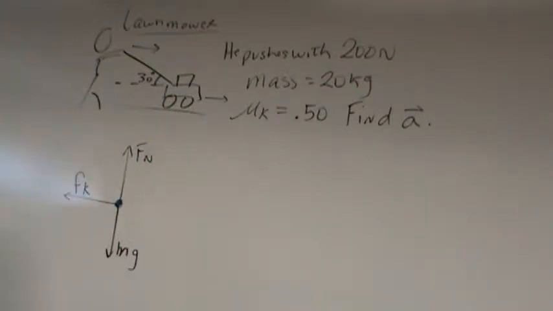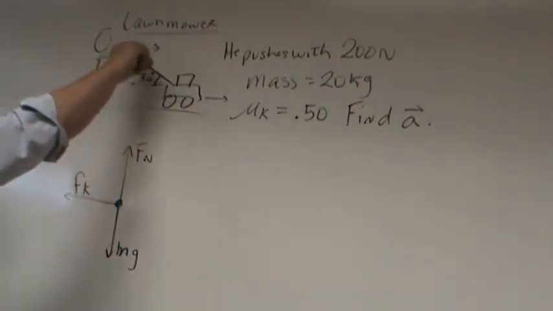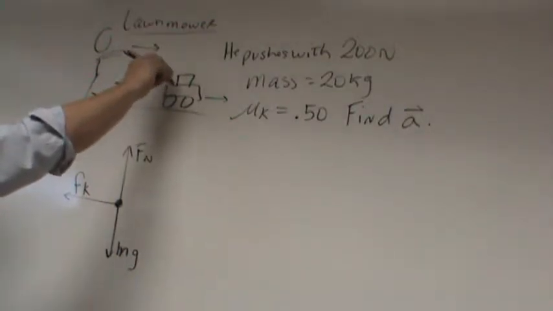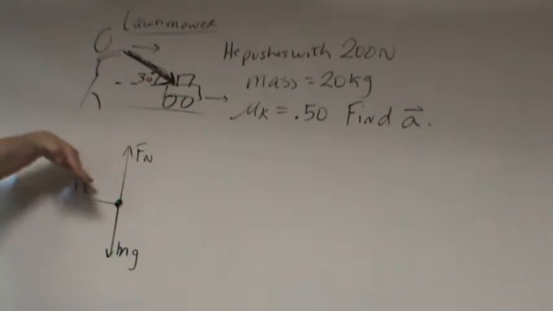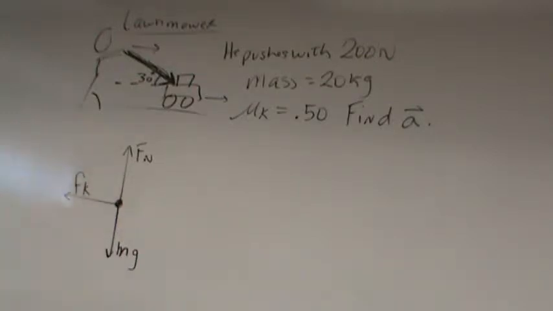Now, your first thought might be to draw your vector in the same way that it's shown in this picture. You're going, well, he's exerting this force down, so shouldn't I draw my vector here? And that would be okay, but the AP exam wants all the forces emanating from the free body. They don't want any forces entering the free body.